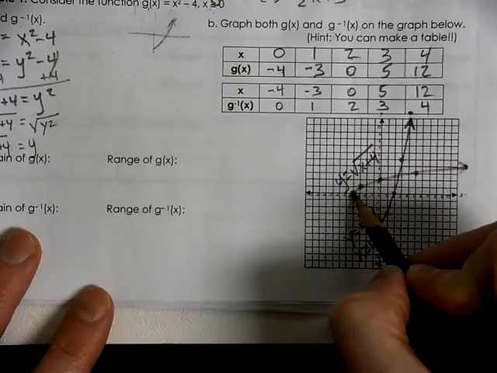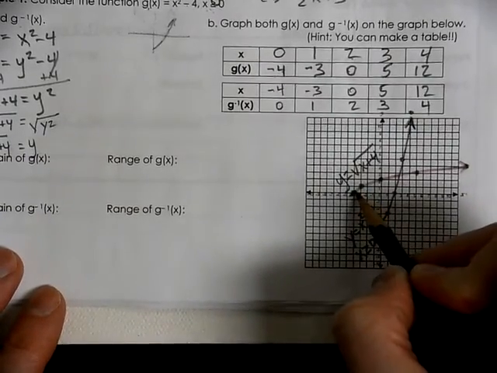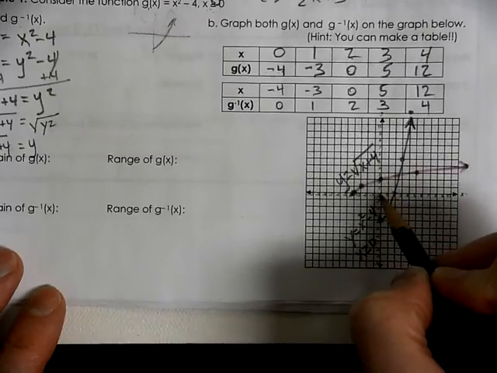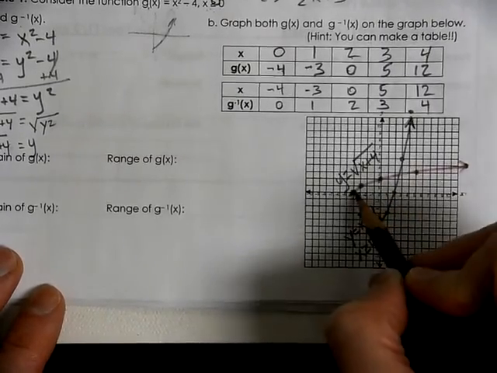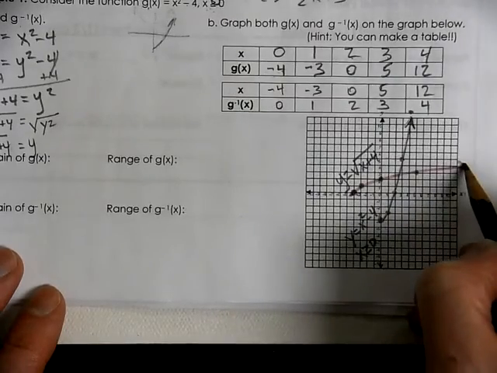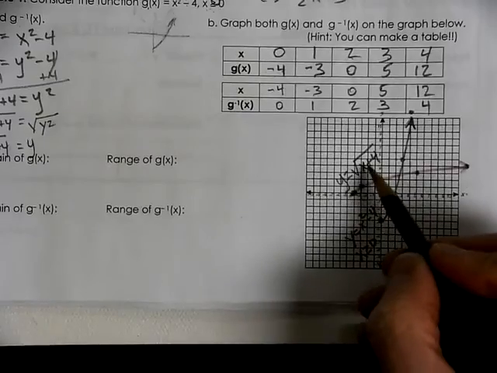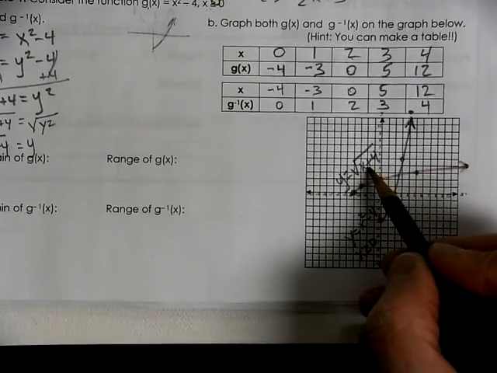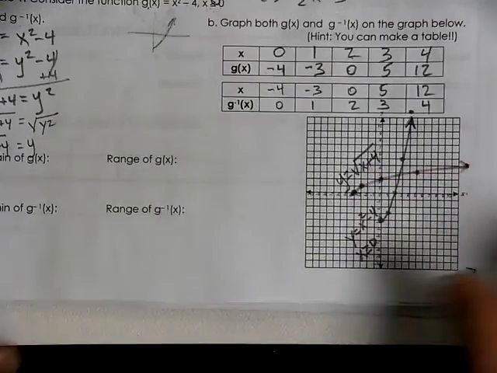Here the square root of 0 is 0. The square root of 1 is 1, so we go up 1. The square root of 4 is 2, so we've gone up 2. The square root of 9 is 3. The square root of 16 is 4. It's just been translated over 4 units to the left. That's how you graph a square root graph.